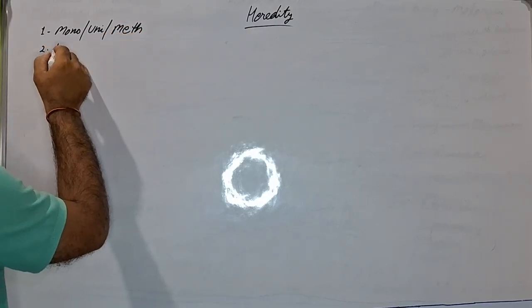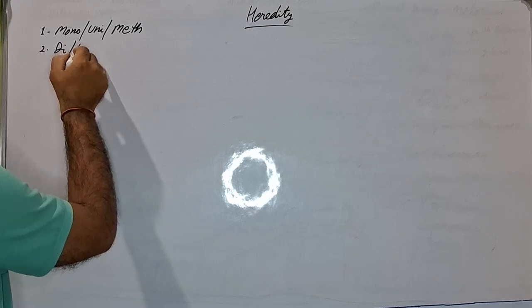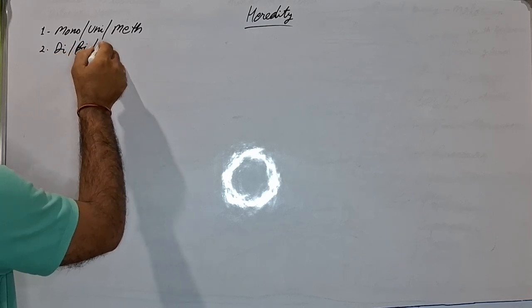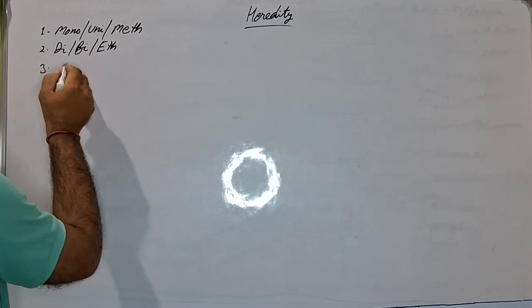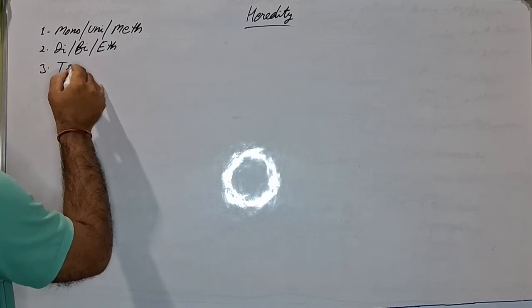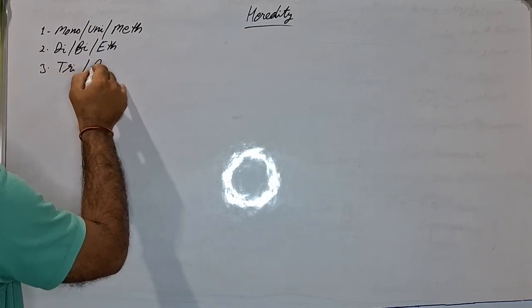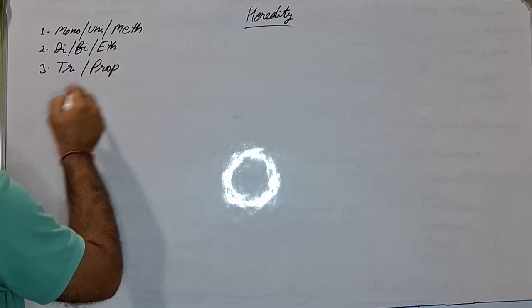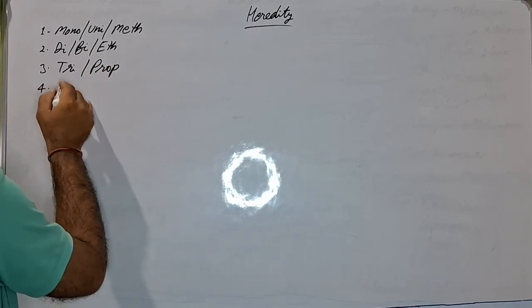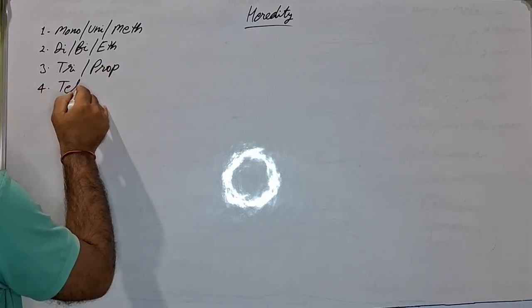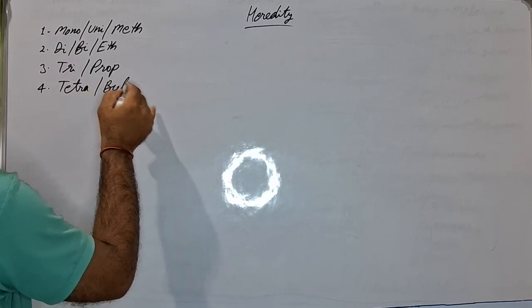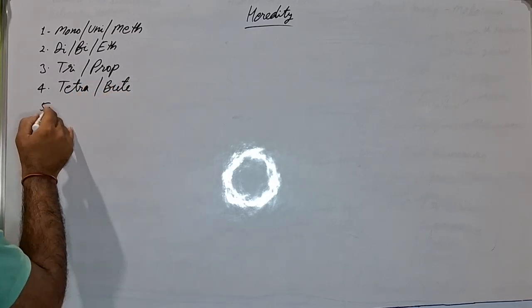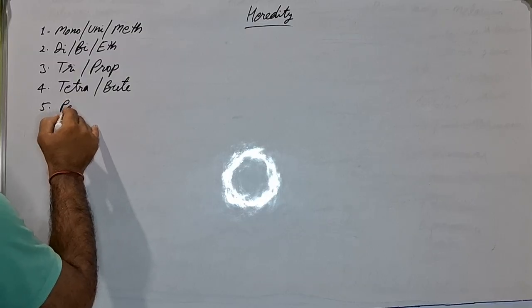Two is known as di or bi or eth. Three is known as tri or prop. Four is known as tetra or but. Five is known as penta.